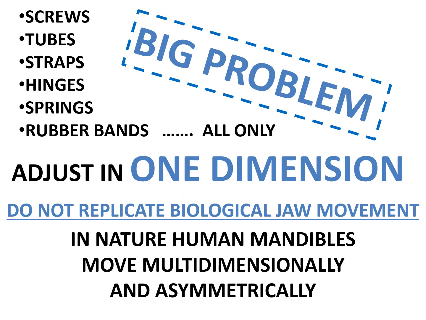That's a big problem. Screws, tubes, straps, hinges, springs, and rubber bands all only adjust in one dimension. They do not replicate biological jaw movement. In nature, human mandibles move multidimensionally and asymmetrically.